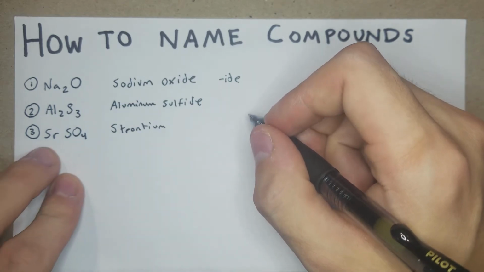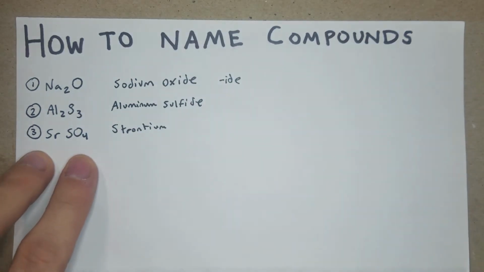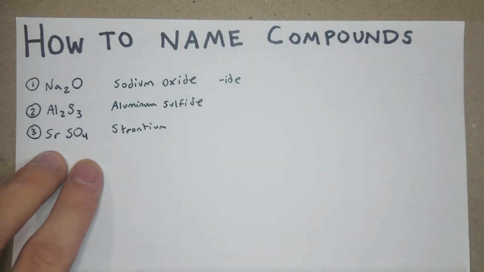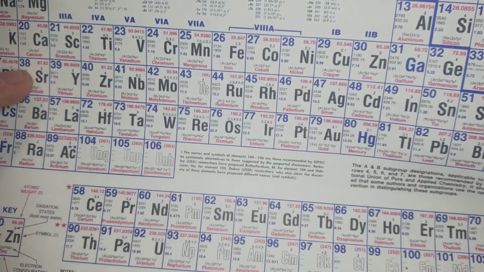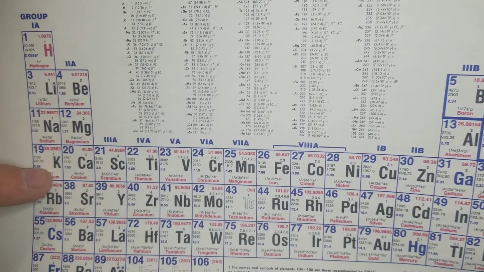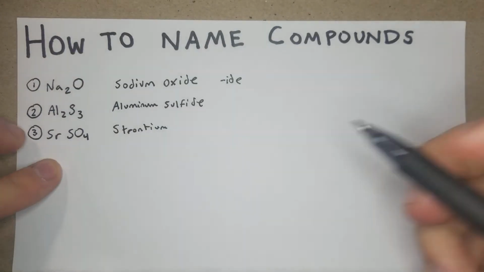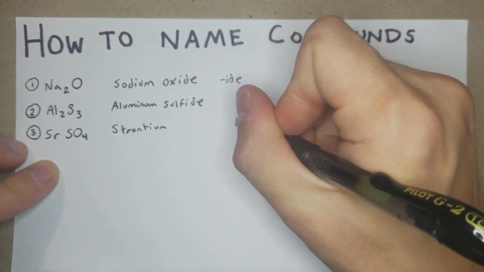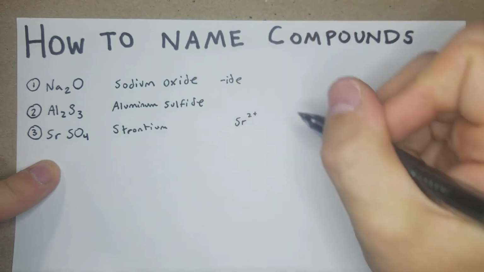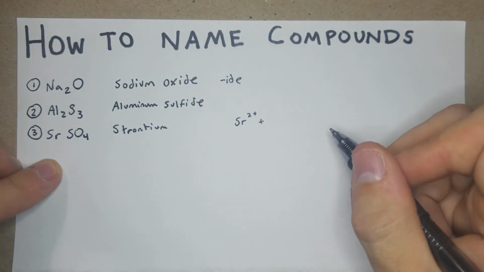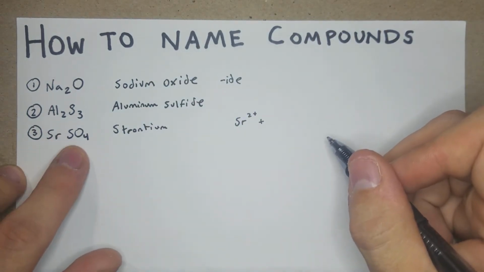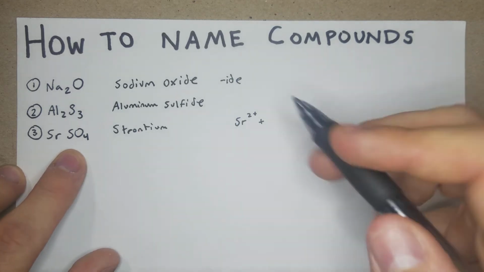So if you know the charge of one or the other, like say for example, we have strontium, we know it is in this second column here. So we can say it's a 2+. If it breaks down into Sr 2+ plus SO4, there's only one SO4 in this.